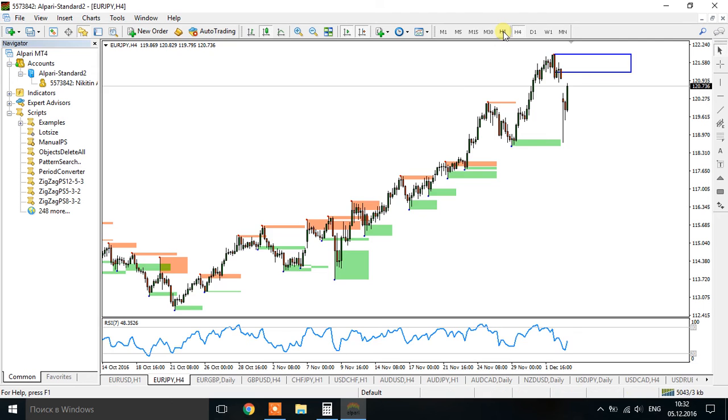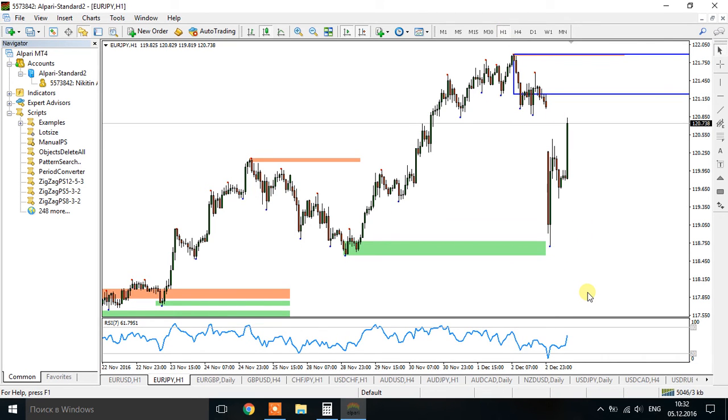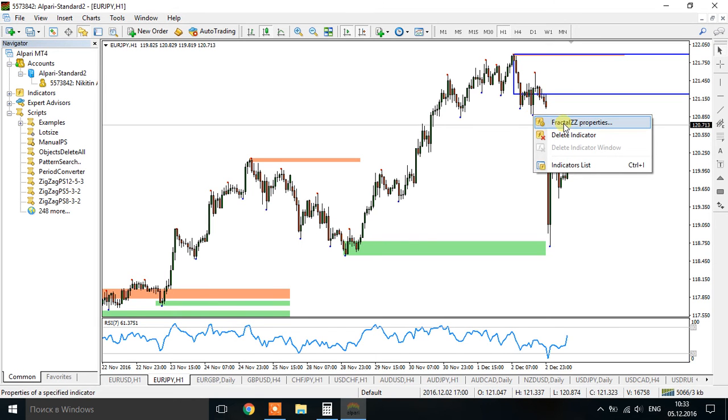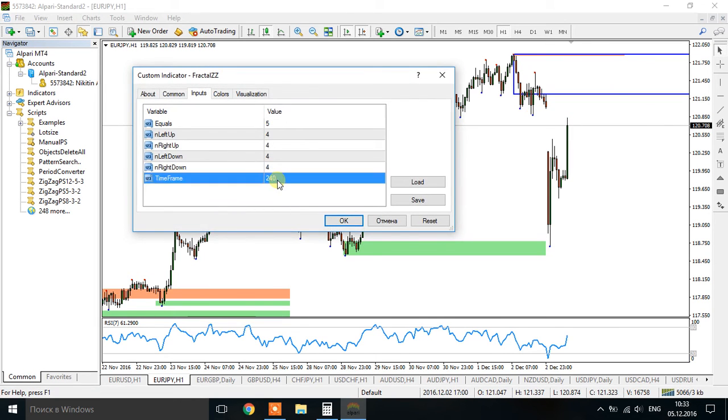Let me move to hourly. What we can find on hourly, if we switch my indicator first, like this, switch to show hourly support resistance, 60 minutes.